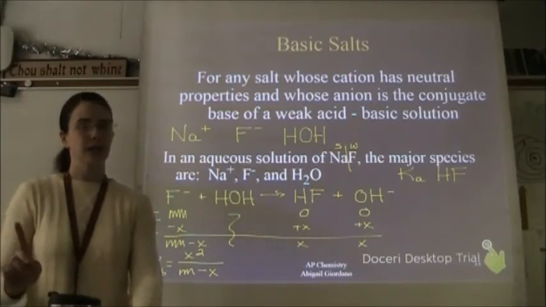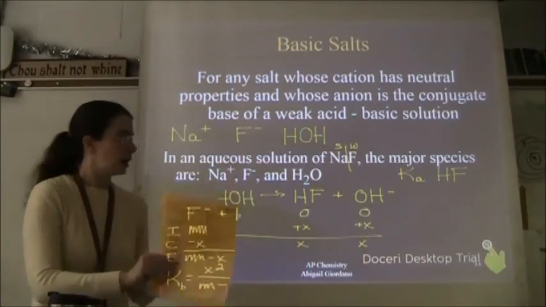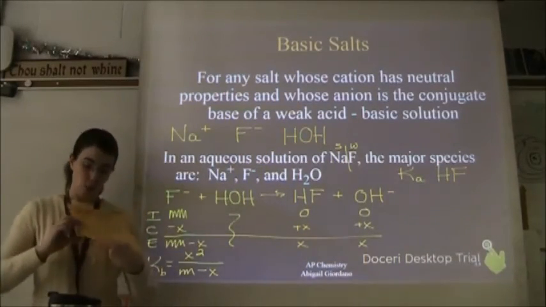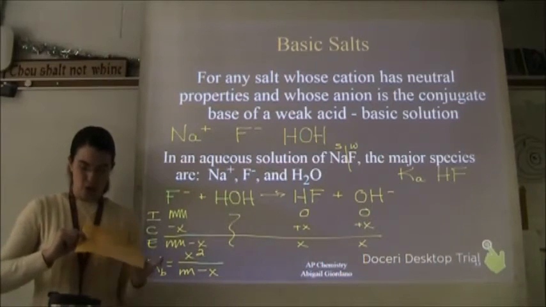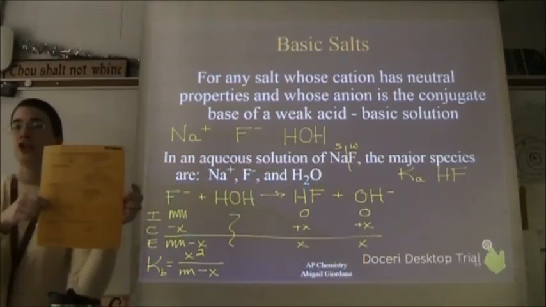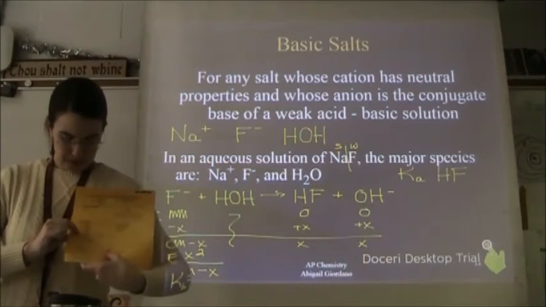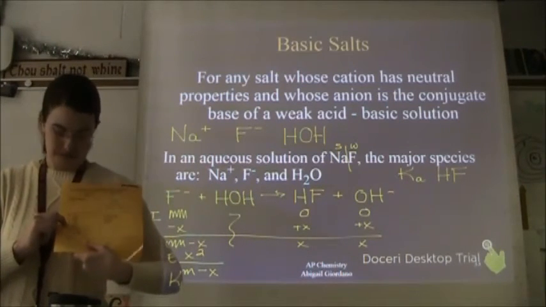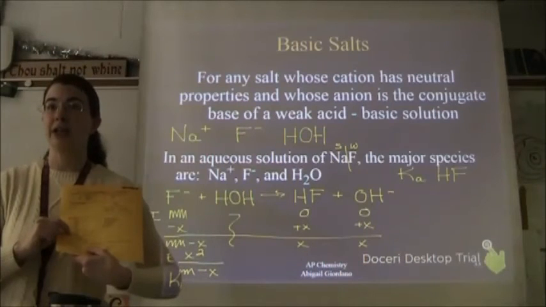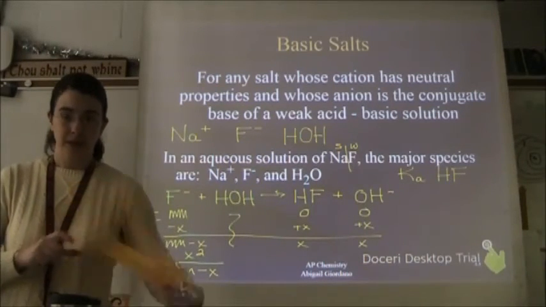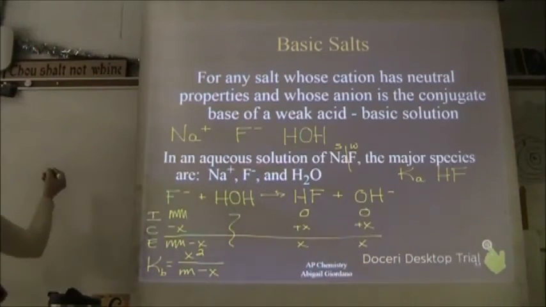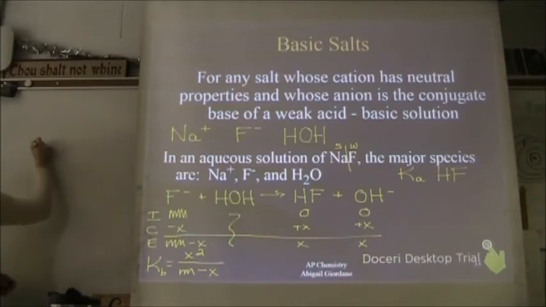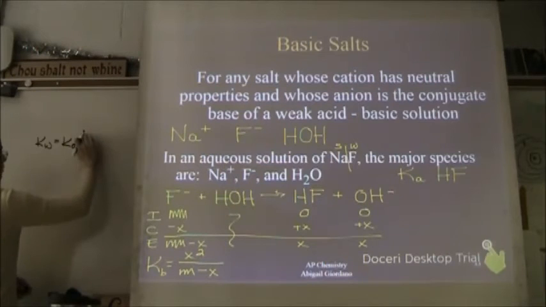Oh, but wait, my children. There is a wonderful equation right here on your equation sheet. Look at where it says Kw. Find it, and look one line below it. Do you see an equation that looks like this? Not plus.